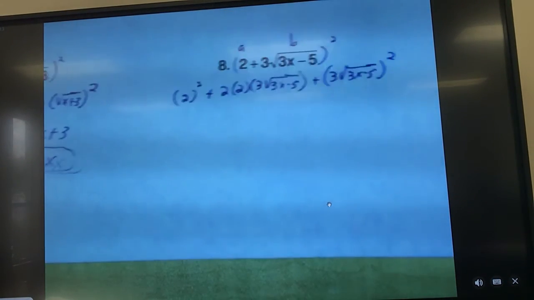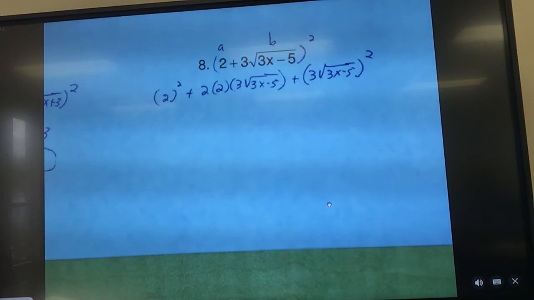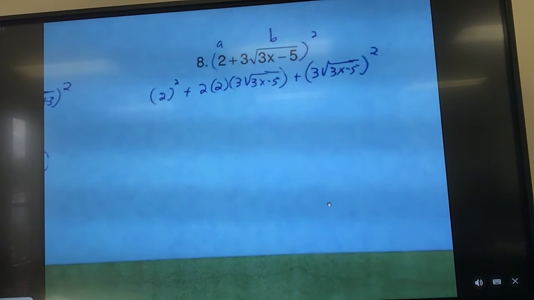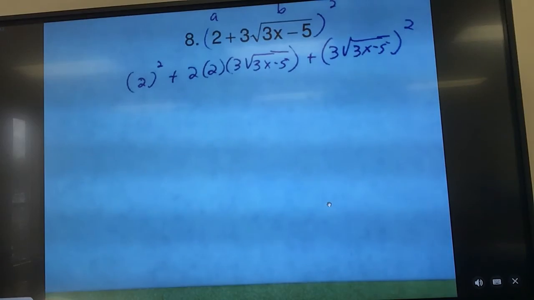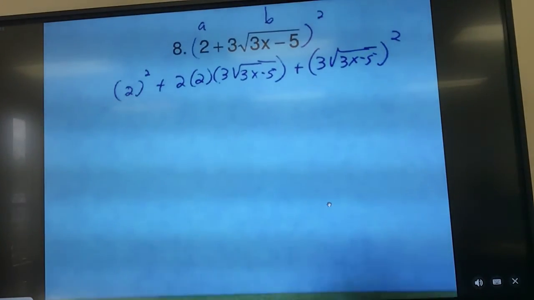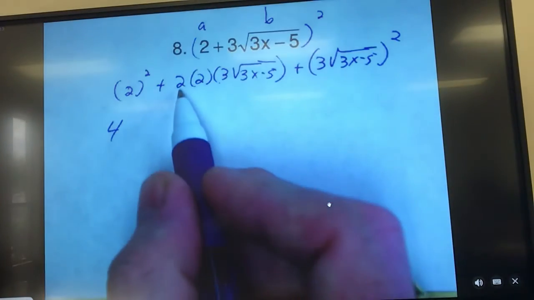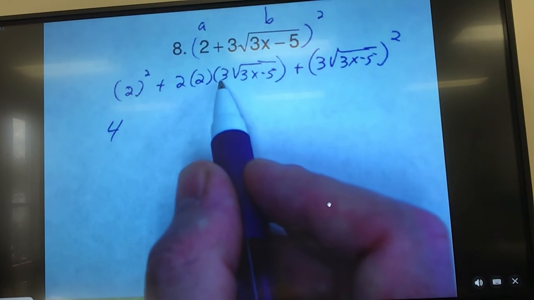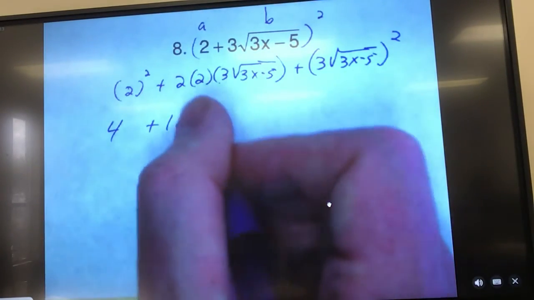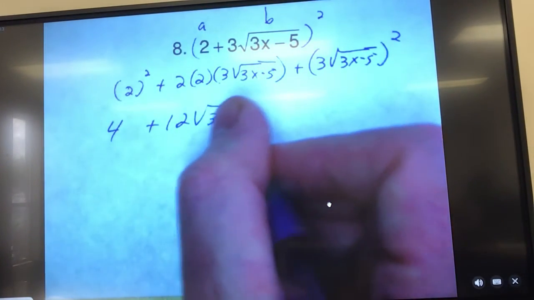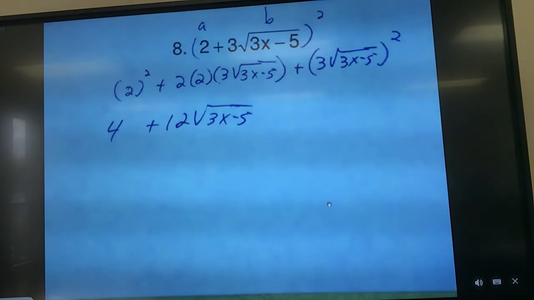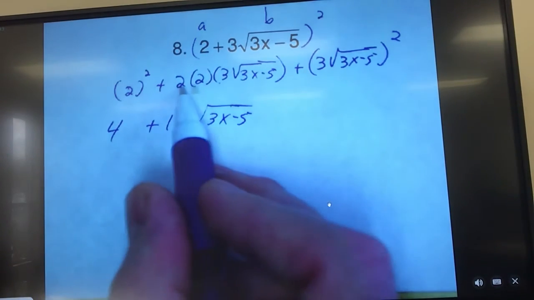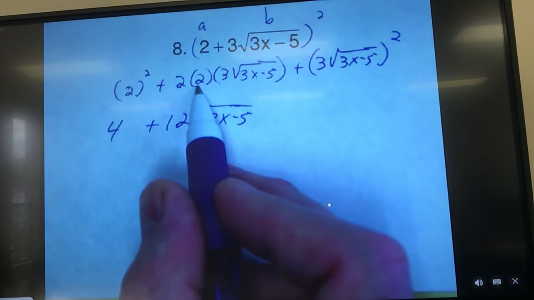Okay. And then let's clean it up. What is 2 squared? 4. Now I've got 2 times 2 is 4, times 3 is 12. And then square root 3x minus 5. Wait, okay. I'm wrong. I did 2 times 2 is 4, times 3.